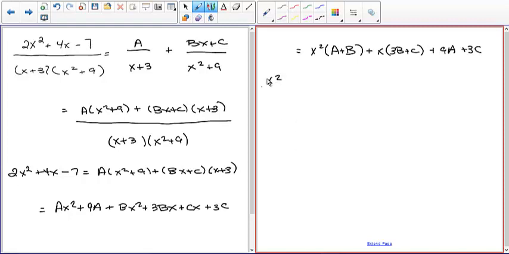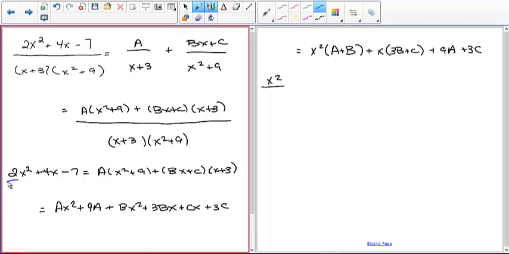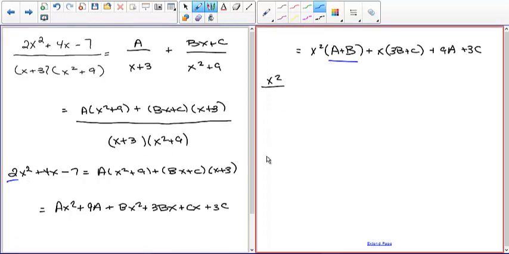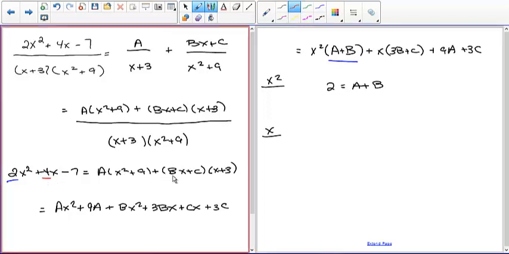So now by taking the coefficients on the left-hand side and the coefficients on the right-hand side for the x squared term, we'll get that 2 is equal to A plus B, and the x terms, that coefficient has to equal that coefficient.